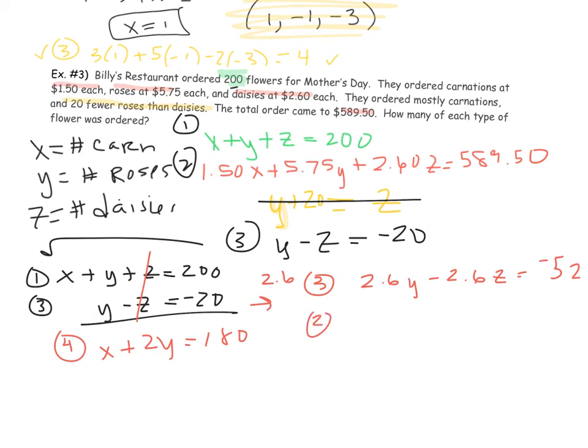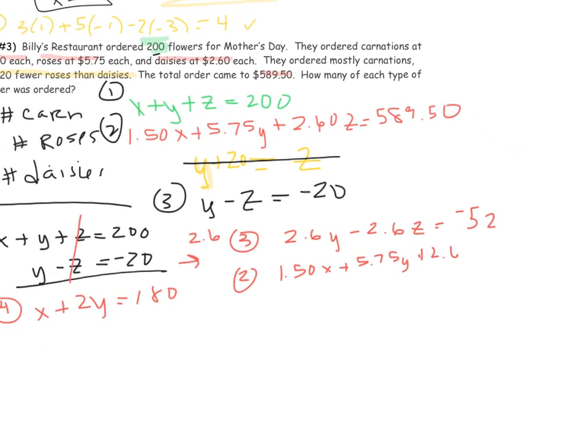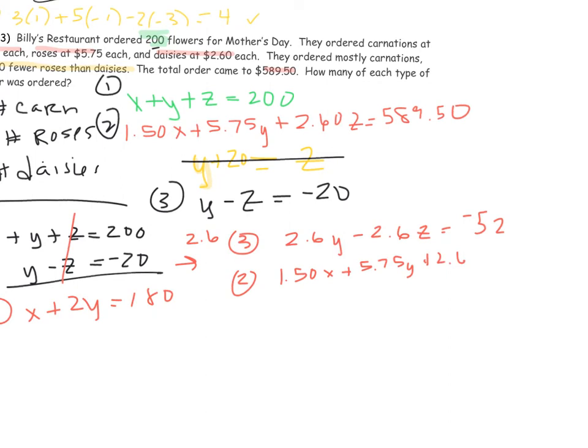Okay, so when we do equation 2, I get 150x plus 5.75y plus 2.6z equals 589.50. Okay, so we're going to add that together, so I get 150x.